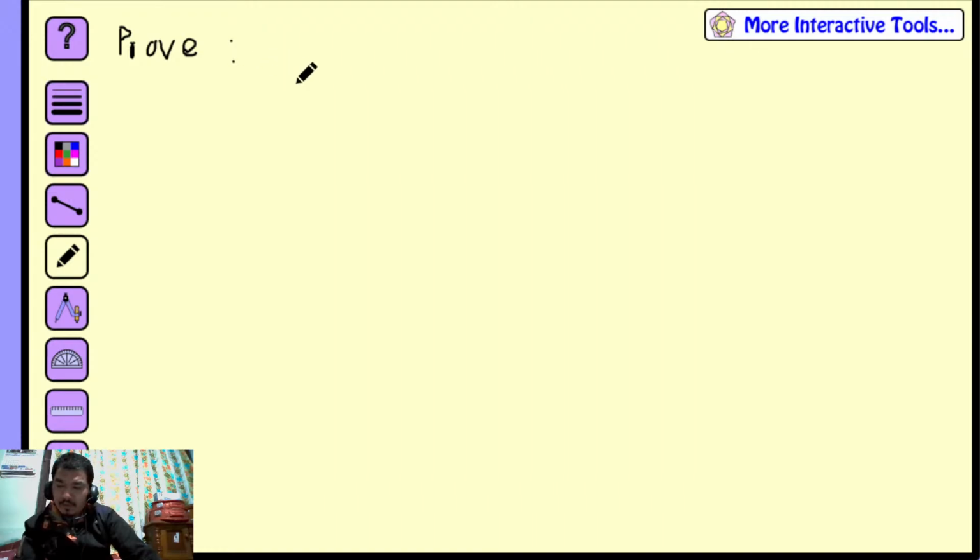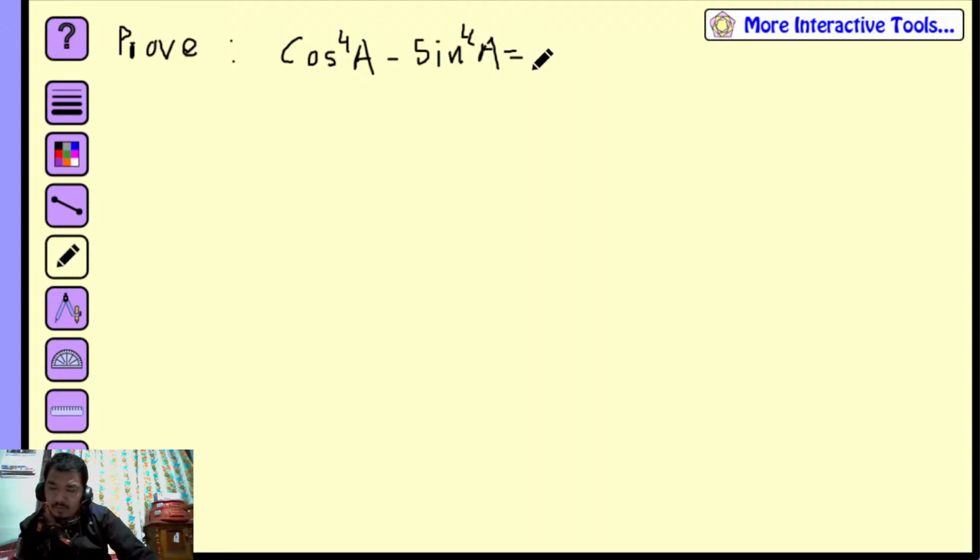Prove. Here is given cos square, okay? In place of cos square, I'm going to give you here another one, that is cos power 4a minus sine power 4a equals to, and the question is to prove that it equals cos 2a, okay?